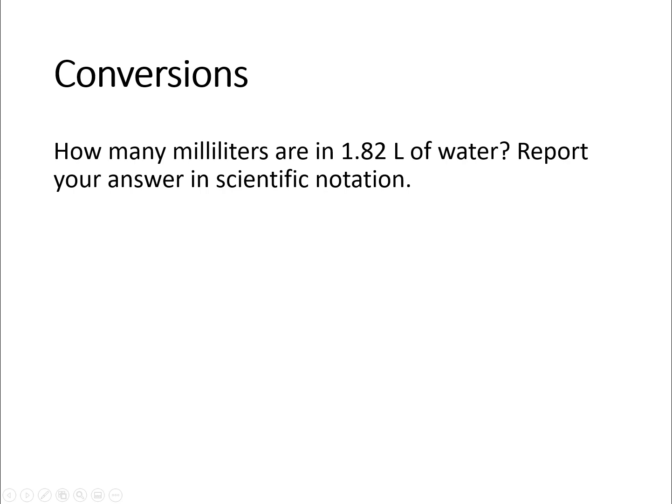Cool. So let's work on setting up the problem. How many milliliters are in 1.82 liters of water? Report your answer in scientific notation. We've got how many milliliters, and we've got 1.82 liters. Those are the two things of units that we've got.